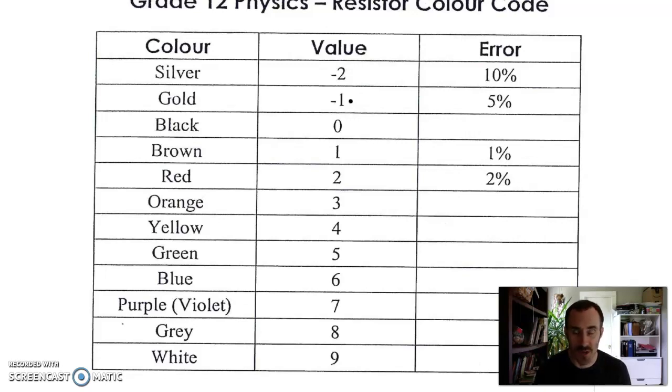What could that possibly mean? Well, the bands actually have different functions. The first 2 bands tell you the digits of the resistance. The third band tells you the scientific notation, where to put the decimal place. And the last band tells you what the tolerance is, or the error.